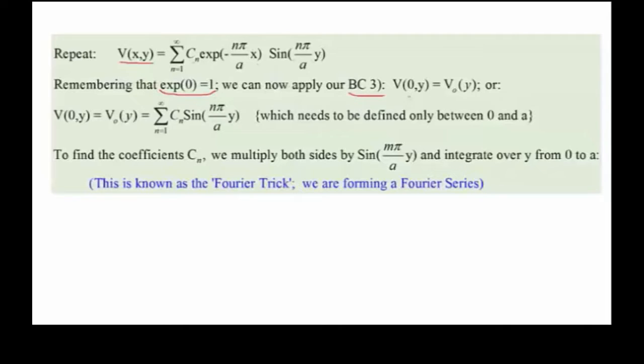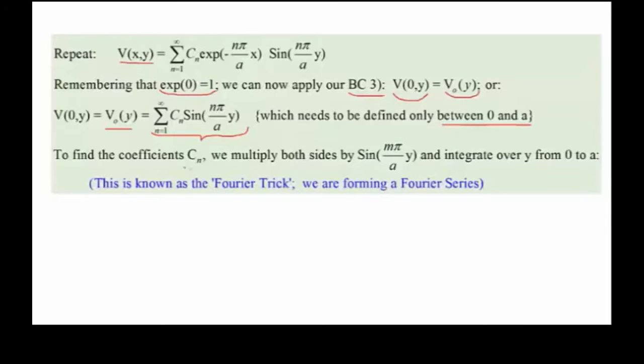So at x equals 0, that's equal to our function v0 of y. This function, we only have to define between a and b, so that'll be a useful result.